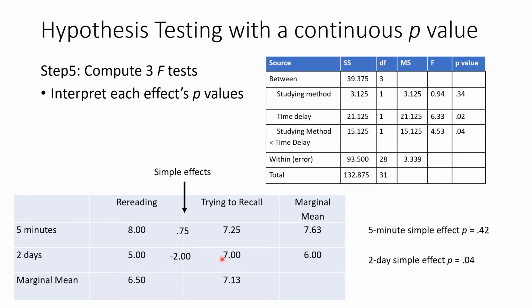And so when we interpret the interaction at the end, when we do our scientific conclusion, we're going to want to comment on, well, at 5 minutes, there doesn't seem to be much of a difference between the studying methods, but at 2 days, trying to recall is a much more effective studying method in terms of it's not likely to happen due to sampling error. When we talk about how much more effective it is, we'll need to talk about the effect size, which is in the next step.